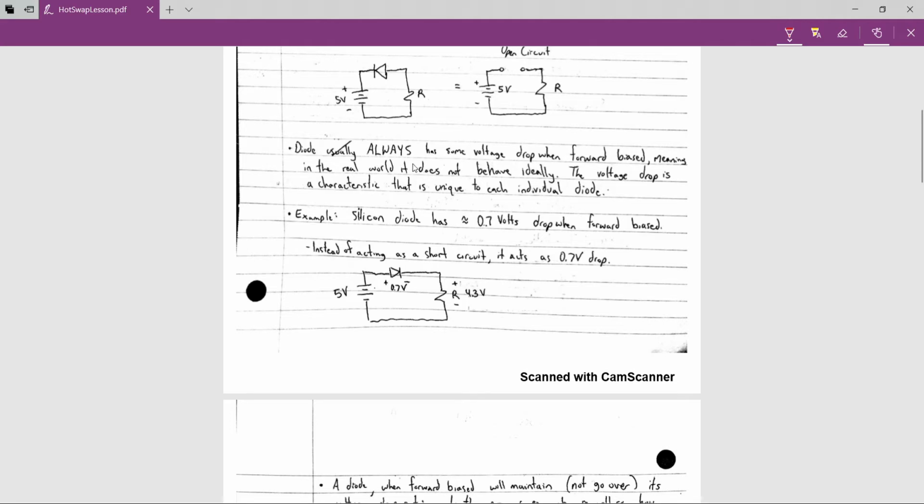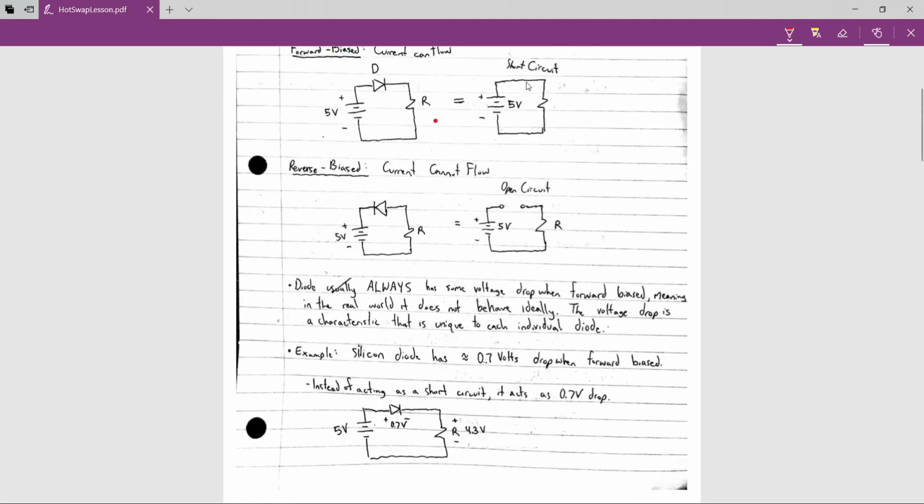So in reality, a diode does not behave ideally, like I just was talking about. A diode always has some voltage drop when it's forward biased, so it's not actually going to be a short circuit like I had drawn right here. It's actually going to maintain some sort of voltage drop, and the voltage drop is characteristic of that specific diode.